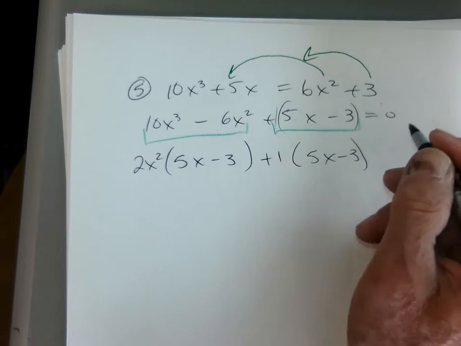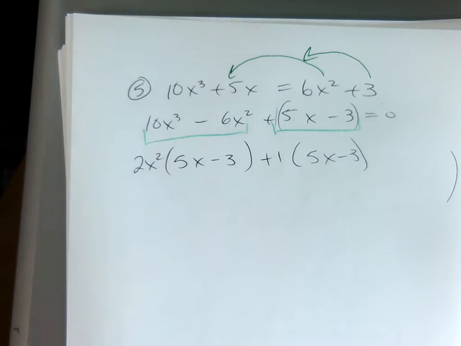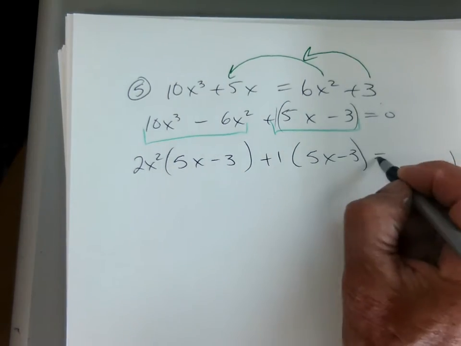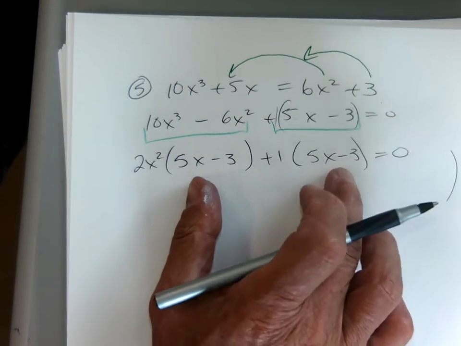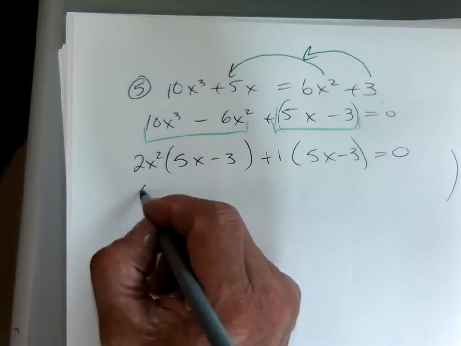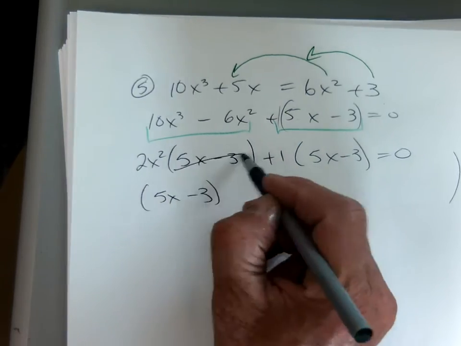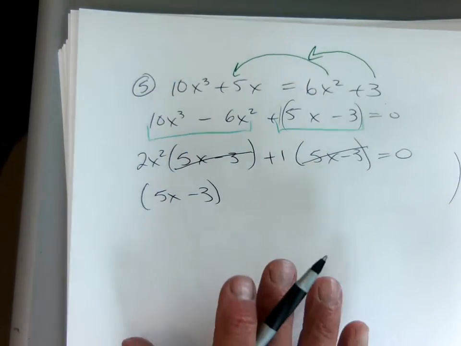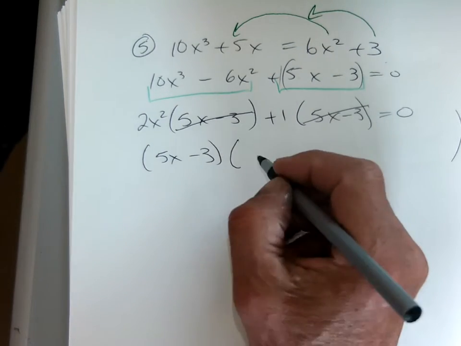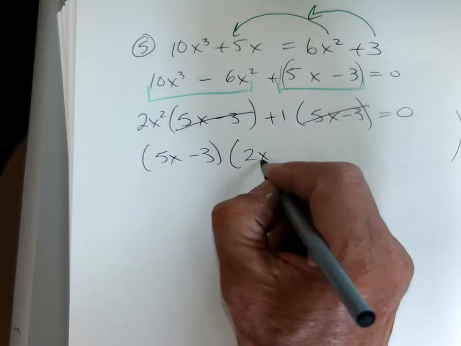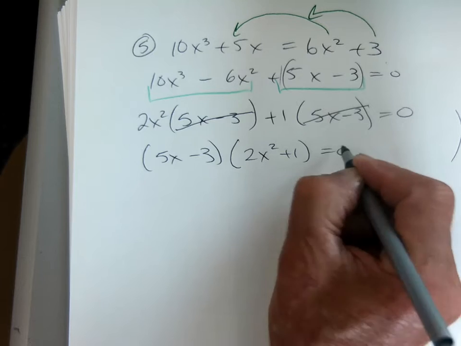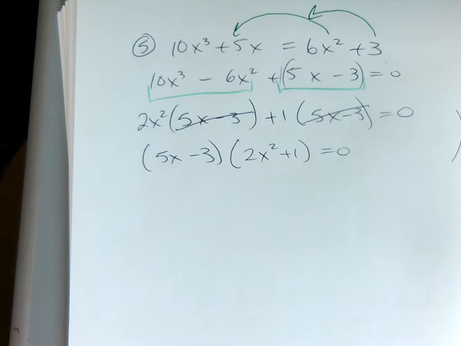I have to have something there. So then, what do they have in common? And we write that once because we pull it out for both, right? And if it helps you to cross it out, okay? What's left over? 2x squared plus 1. Okay, how am I doing? Okay, good.